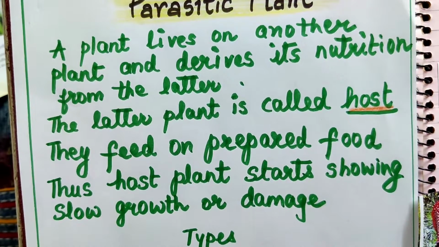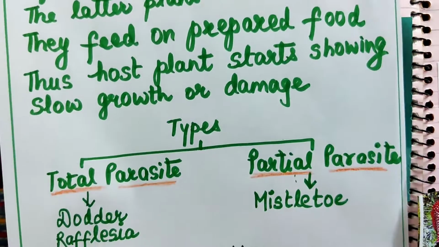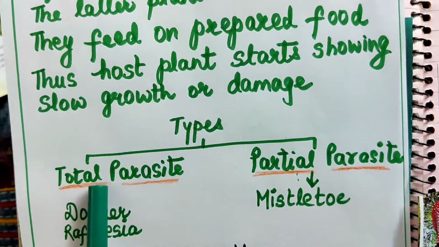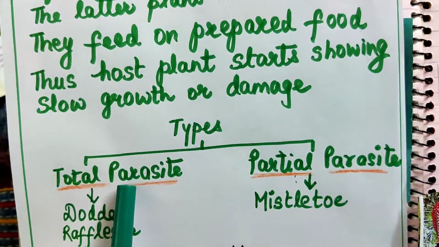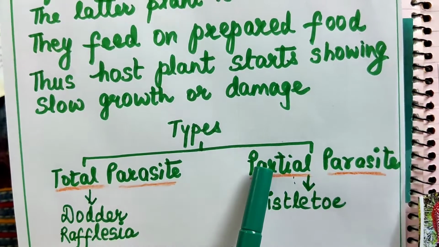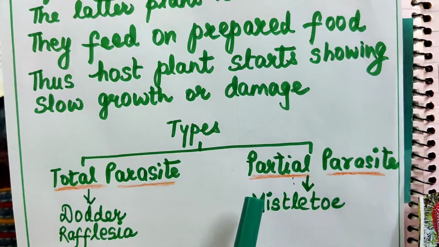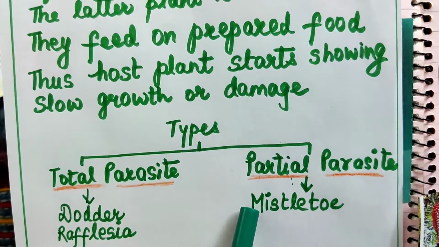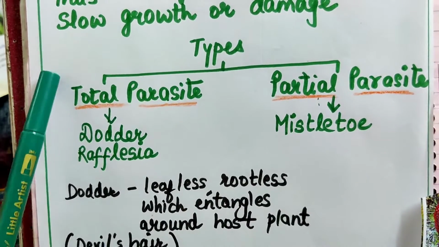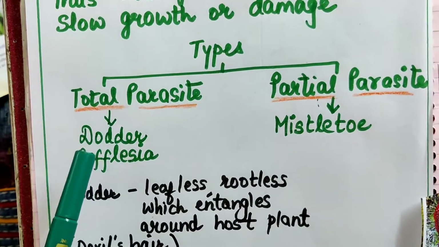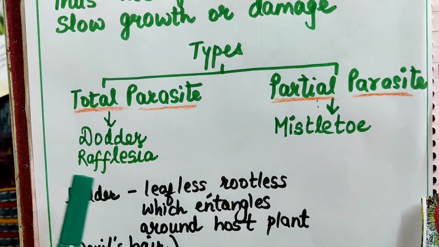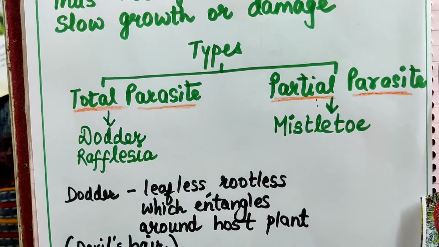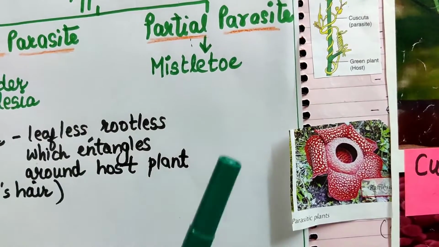We have found that the types of parasites are two: the total parasites and the partial parasites. Total parasites completely depend on other organisms for food, but partial parasites only partially depend. They take the water and minerals, and the rest they do by photosynthesis. Examples of total parasites: the dodder. And there is one interesting plant, Rafflesia. I have a small picture over here, you can see.